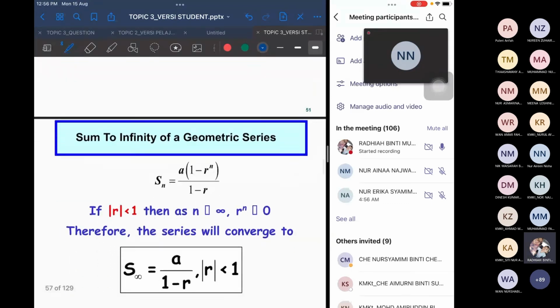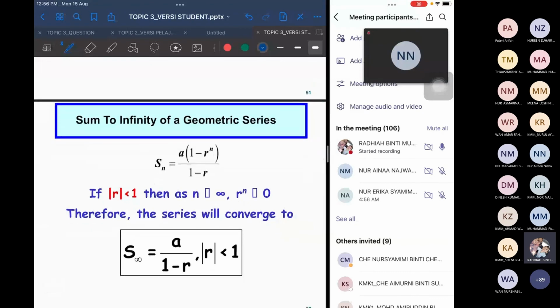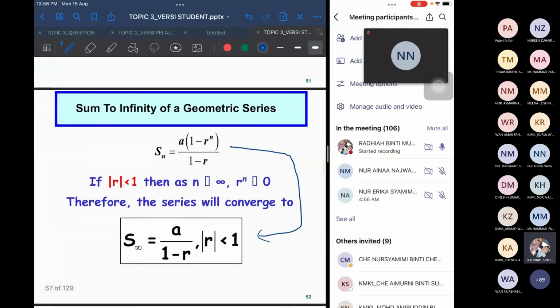Okay, so dia bagi tahu ni macam mana you punya jawapan ni daripada you punya formula ni daripada sini ke sini. Okay, so dia kata if modulus R less than 1, kita ingat kan kita baru je belajar modulus 1, negative 1 tu sama dengan R greater than negative 1, less than 1.